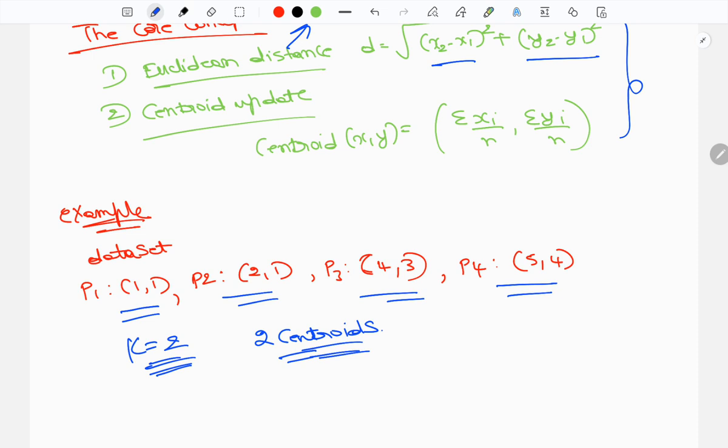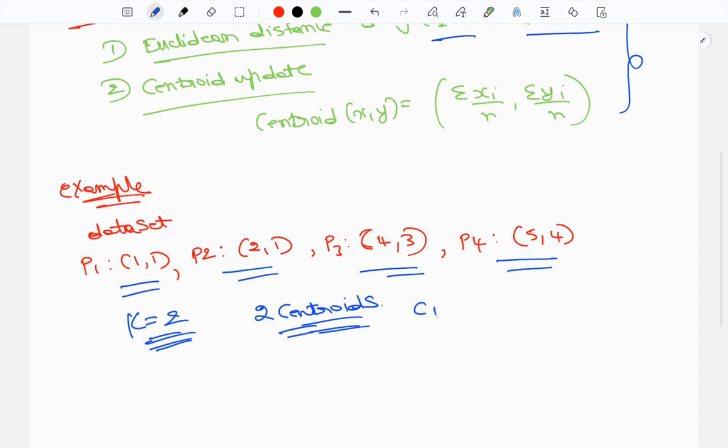Let me take them in any random way, so let me take the first two points as the two centroids. C1 is given by (1, 1), and C2 is given by (2, 1).